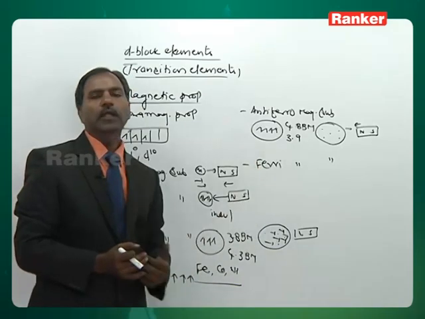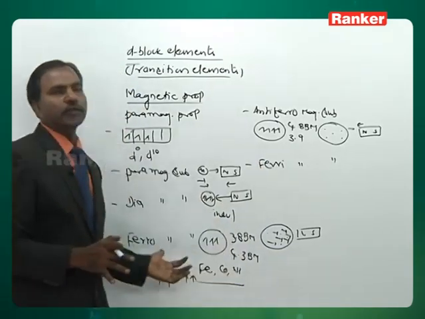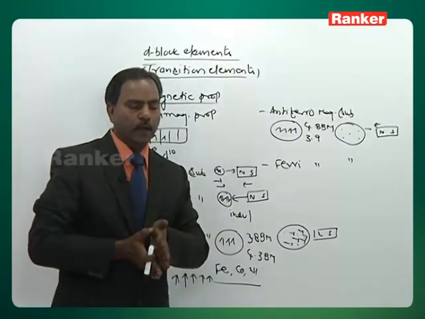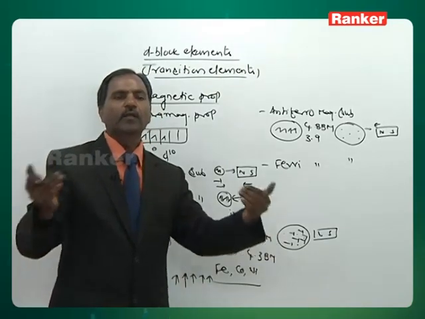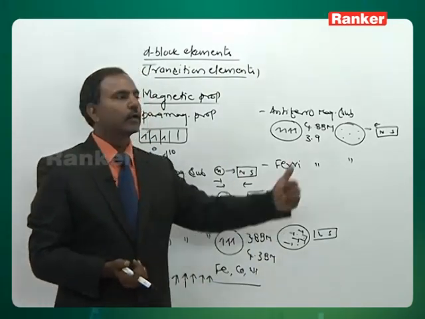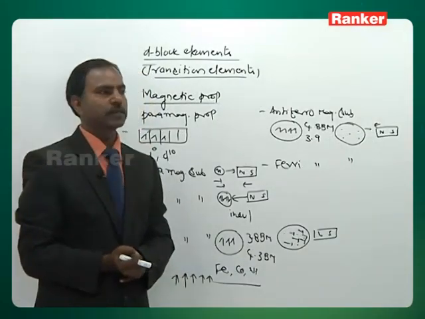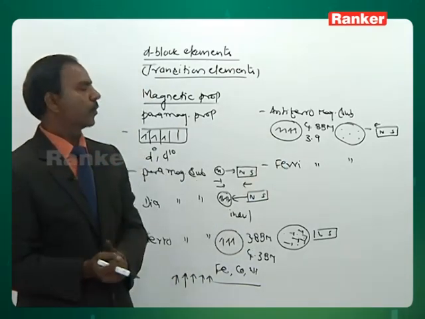In a ferro substance, the paramagnetic centers are near to each other, so they align in the same direction. Once they are away from each other, alignment is not possible, so the substance exhibits antiferro property.